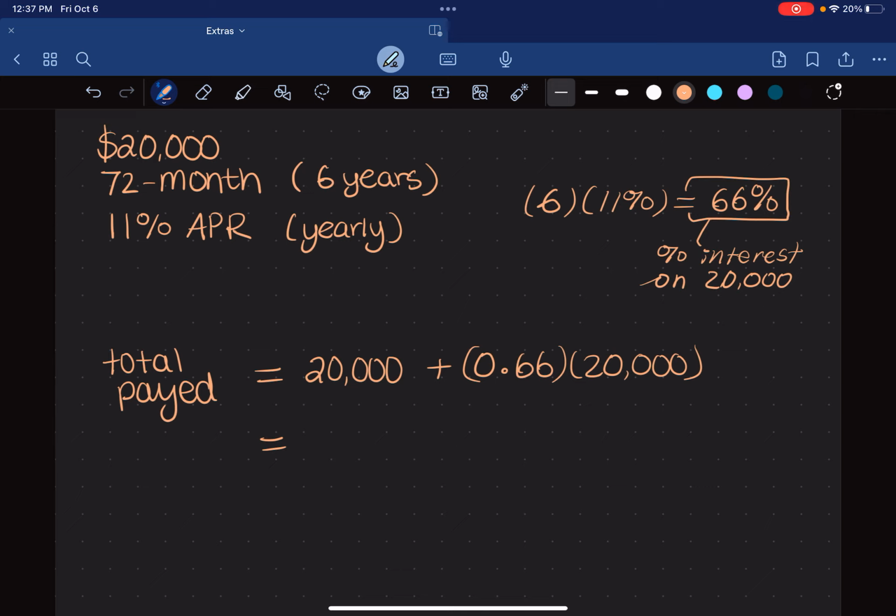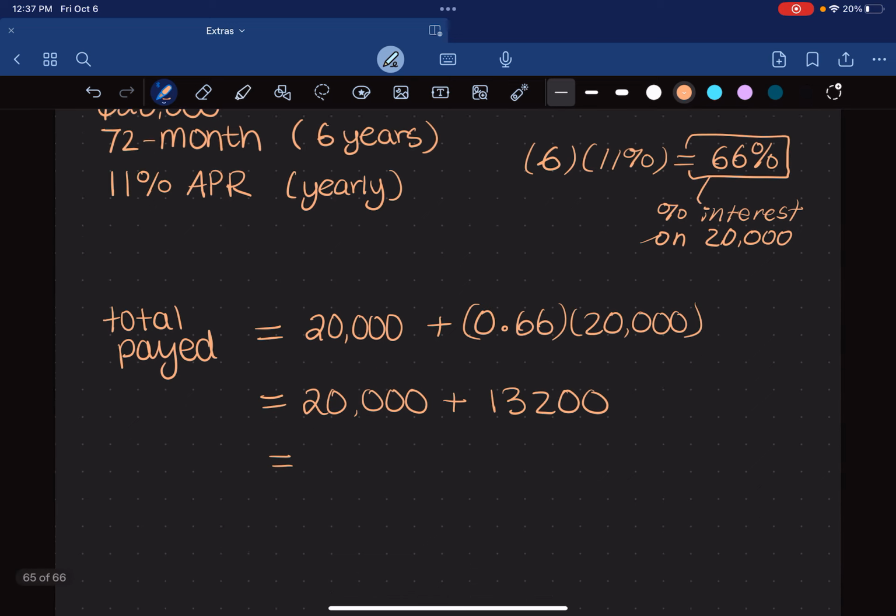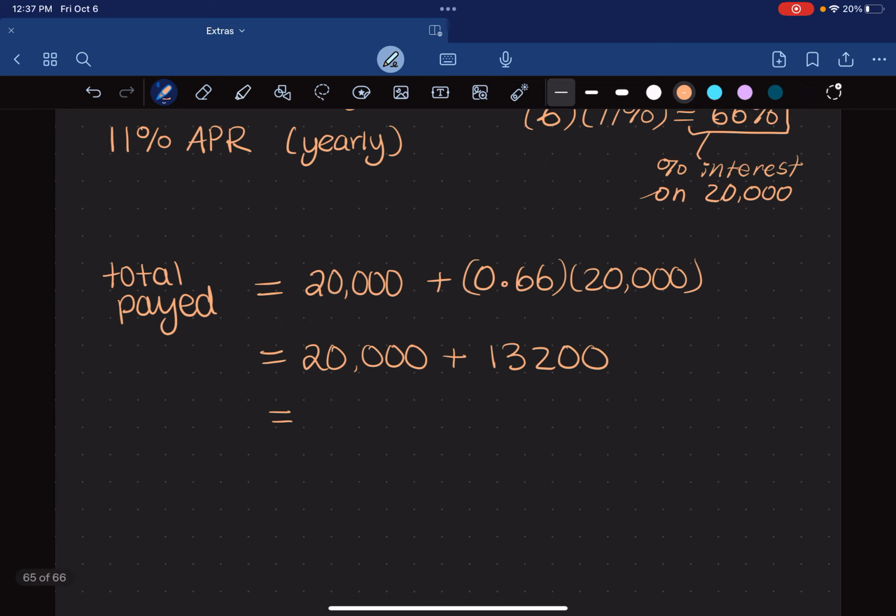So we take 20,000 times 0.66 in the calculator, and we end up getting $13,200. And so in total for that car, after all of your payments, you will end up spending $33,200 on that car. That's in total what you're paying.